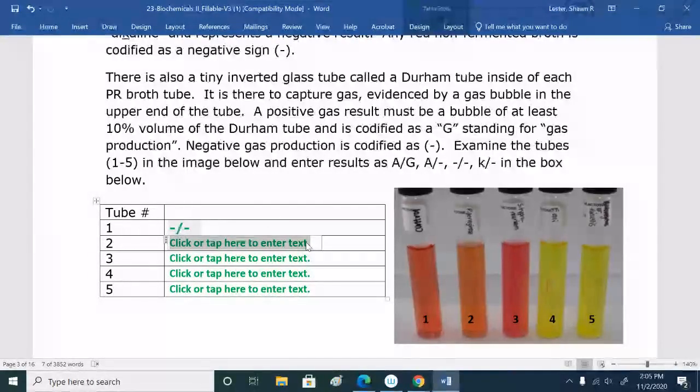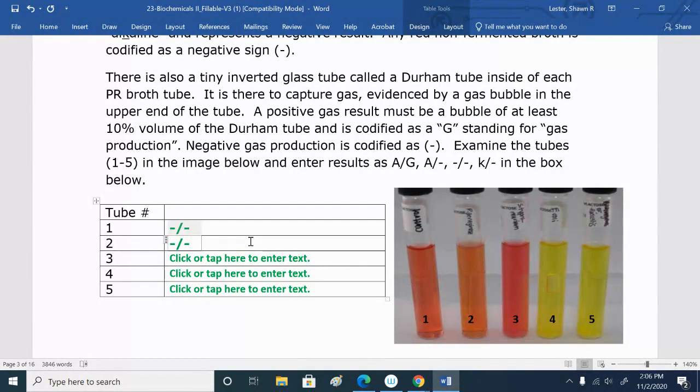And so again, negative. Now, when you do carbohydrate fermentation tests, it is important to look at the tubes within 48 hours. The reason why is, if the tube sits too long, you could get a false positive. It could eventually turn kind of yellow, but if that happens after 48 hours, it's generally considered negative.